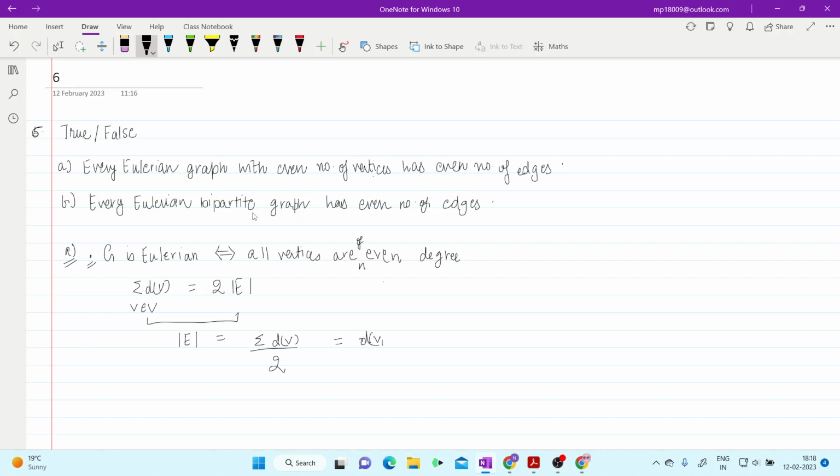So we have (d(v1) plus ... plus d(v2n)) by 2, and we know that all these d(vi) are even. For the statement to be true, this term should always be even. We have even degrees, and we have an even number of them. If we divide by 2, will we always get an even number?